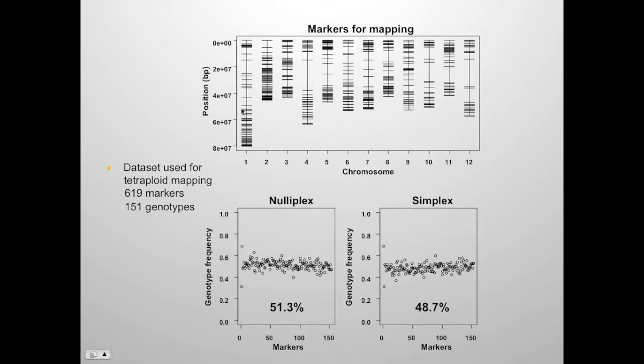And this is what I would expect to have if the match between the position in the pseudomolecule is perfect to the position in the linkage map. So it's an ideogram here. In these graphs, you can also see the genotype frequency, nulliplex and simplex, and you can see it's very close to 50-50, which is what we expect.